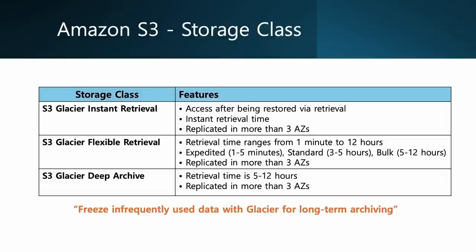Finally, with Deep Archive, archiving is done more deeply, and objects that require longer retrieval times are stored. The lower you go, the cheaper the storage costs become. So we can divide this Glacier storage class by frequency of use even if we archive it.